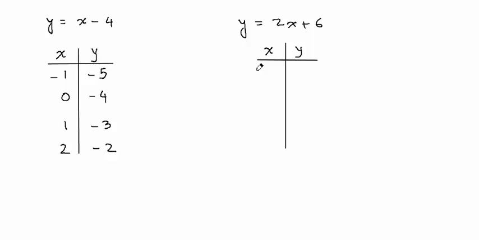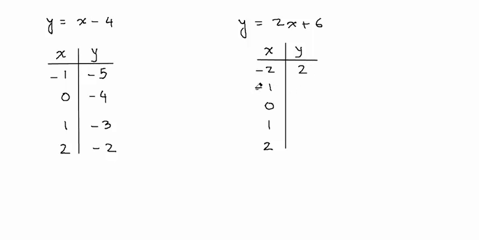Let's start from x is equal to -2, x is equal to -1, x is equal to 0, x is equal to 1, and x is equal to 2. So if you plug in x is equal to -2 in this equation, you have 2 times -2, which is -4, plus 6, which is 2.